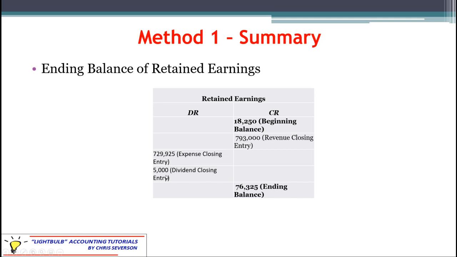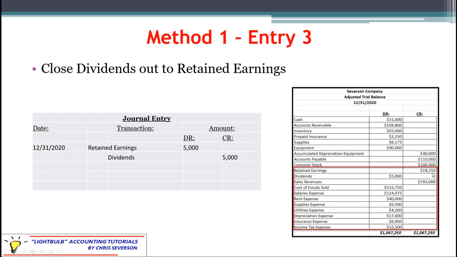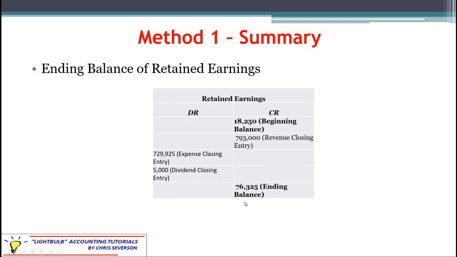And we had a debit for $5,000 to retained earnings when we closed out the dividends. When we do all the math there, that brings us to a new balance of $76,325. So it started at $18,250. This $76,325 is what we're actually going to see on the balance sheet.